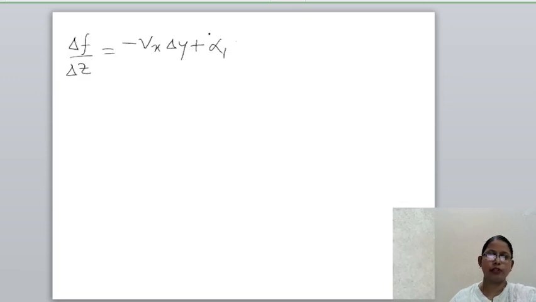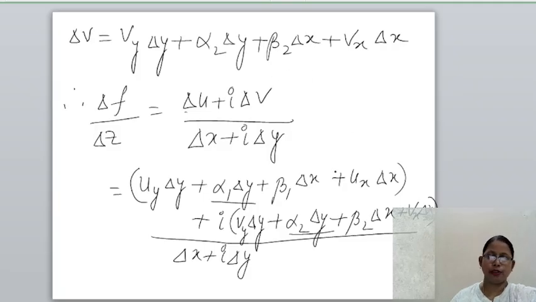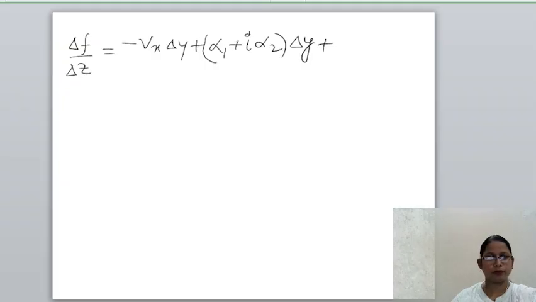Plus again from here, that is beta 1 plus i beta 2 delta x. Take delta x common, this will be beta 1 plus i beta 2 delta x.